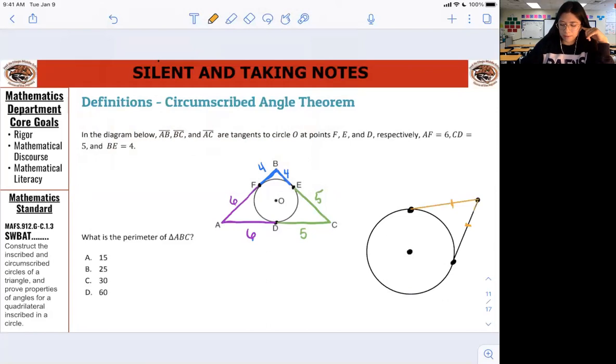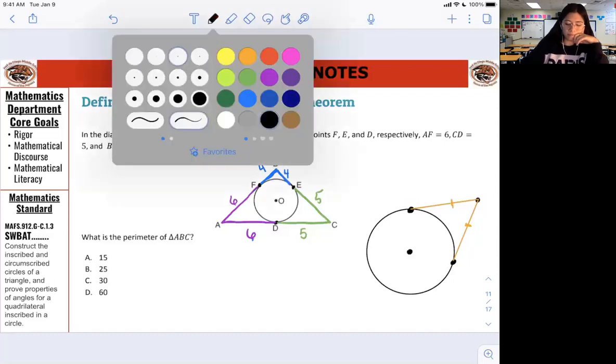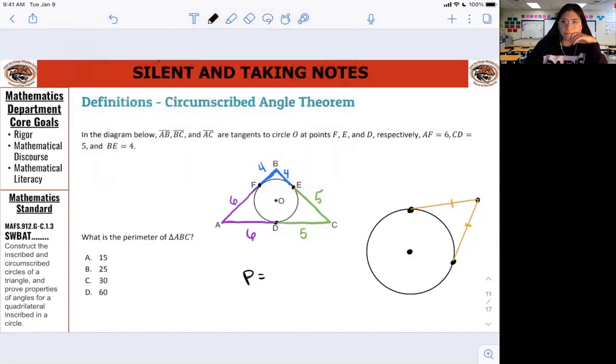Now go ahead and figure out what would be the perimeter. Good. 30. All right. Questions? Any questions?